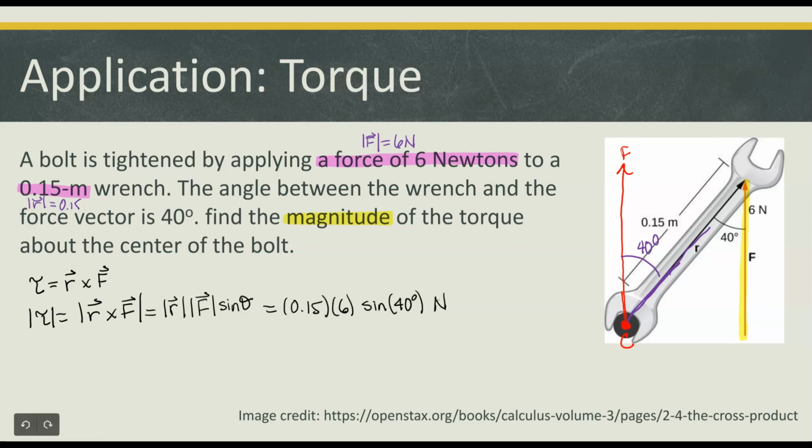So this will have units of Newton meters. Now, sine of 40 degrees is not a simple value to determine. So let's go ahead and approximate this. And if I were to approximate this, we would end up with approximately 0.5785 Newton meters.